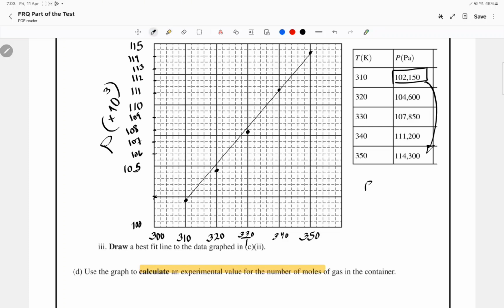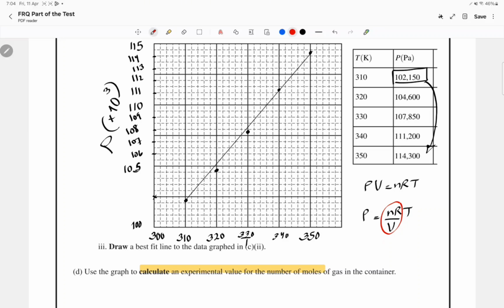We already know that PV is equal to nRT, and that P is equal to nRT over V, where T is the x-axis. And so the slope is nR over V. So now it's time to find the slope, to find the n. So how do you find the slope? You cannot just use points from the table.